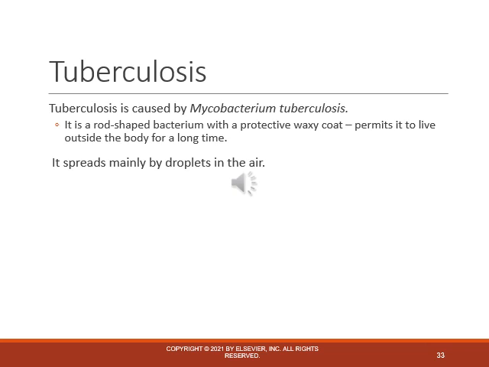If, for instance, however, you have a compromised immune system or the exposure was extremely large, then you might have these tubercles or these areas of different tuberculous infections that may start communicating.